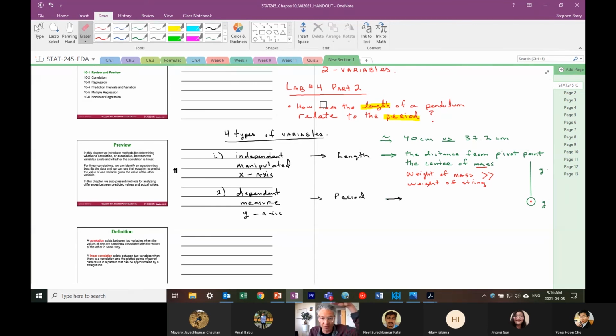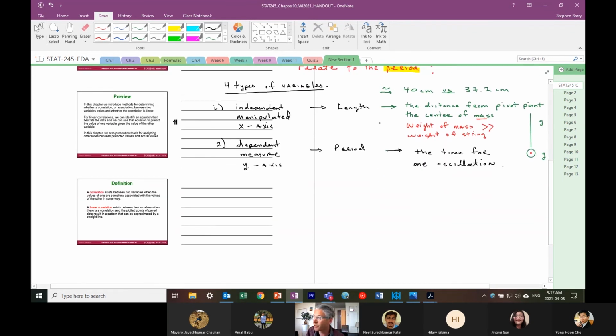You can set it and then count 1, 2... It reduces human error if you do it by 5, but the number you actually use, you're going to have to divide that by 5, right? The period is the time for one oscillation. In other words, for it to come back to its original position. Okay, so that's what you're measuring. So you're going to graph those two things.